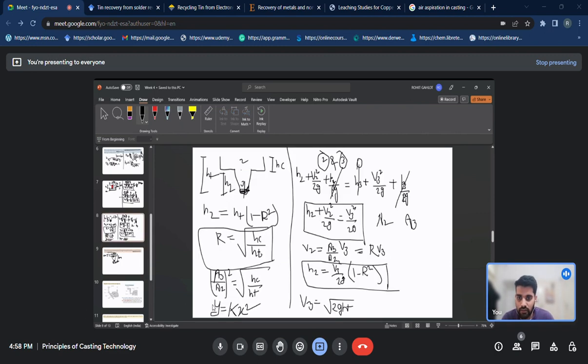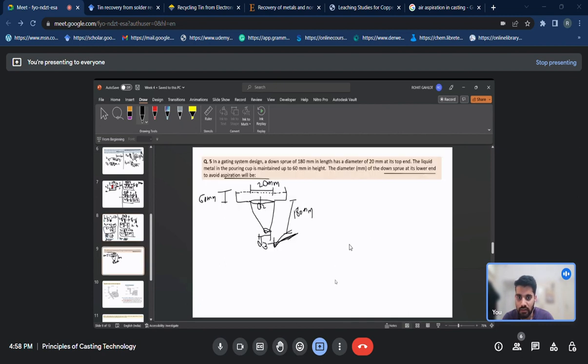As we have already derived the relation between the heights and the areas, we can write A3 by A2 equal to V2 by V3, which is equal to root of total height HT minus H2, divided by HT.